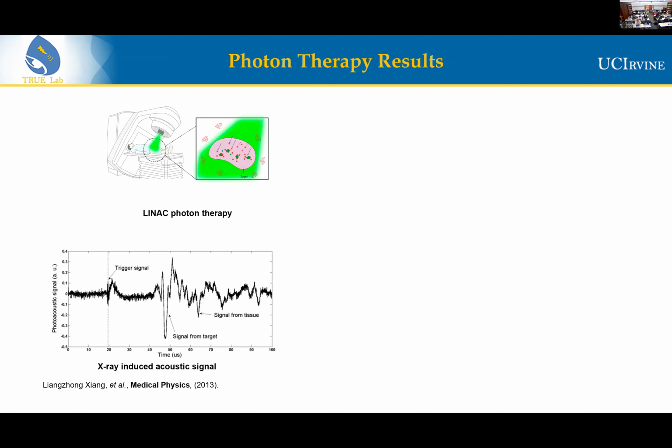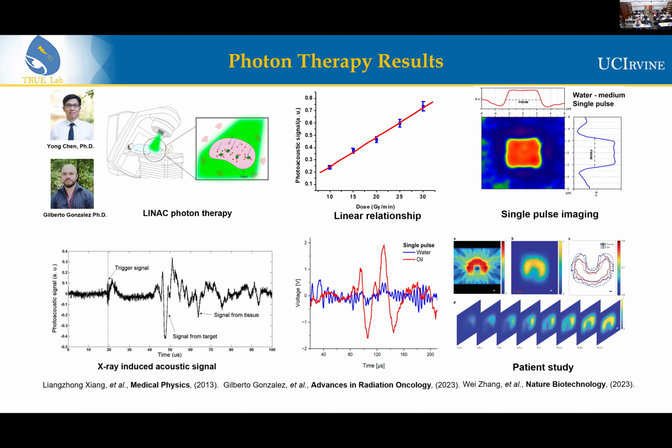I started with X-ray. There's a machine called a linear accelerator, which produces high energy X-ray. I have been working on that since 2012. We have done a lot of experiments there, and recently there has been a patient study going on. We have also focused on proton.